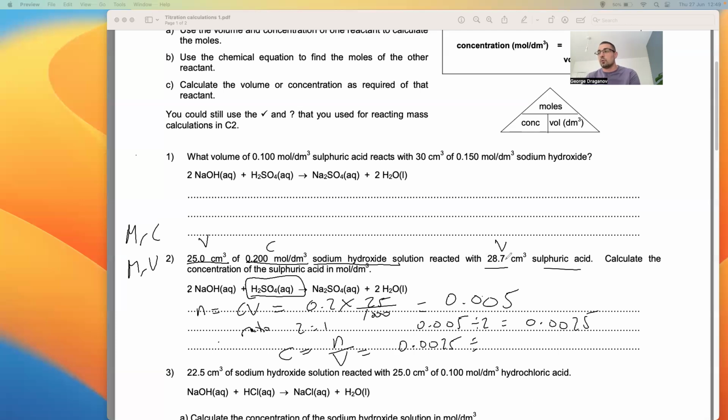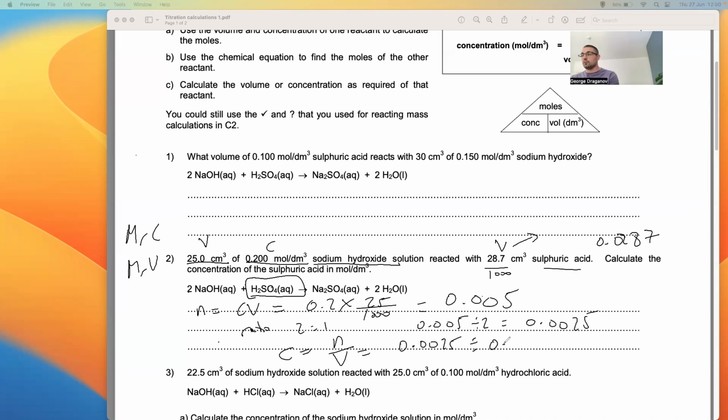So 28.7 over 1,000 would actually give us 0.00287, I believe. We'll just check. No, I put too many zeros. Apologies. 0.0287. Yeah.